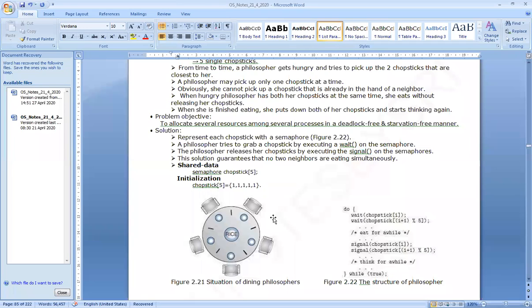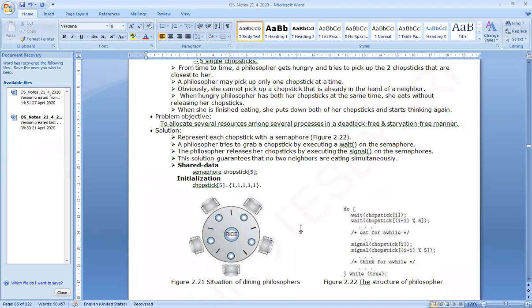So if that is the problem given, what is the shared data here? We should identify the shared data. The semaphore chopsticks is the shared data. We have five chopsticks here, which is called shared data, initialized chopsticks[5] equal to 1. We have only one chopstick initialized for each philosopher.